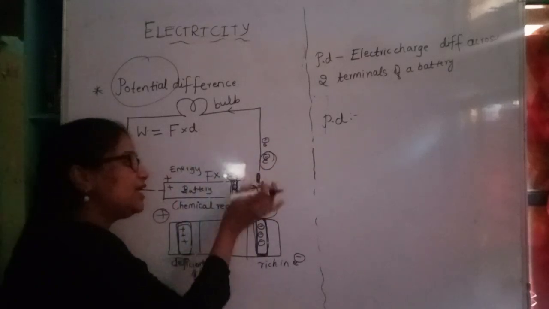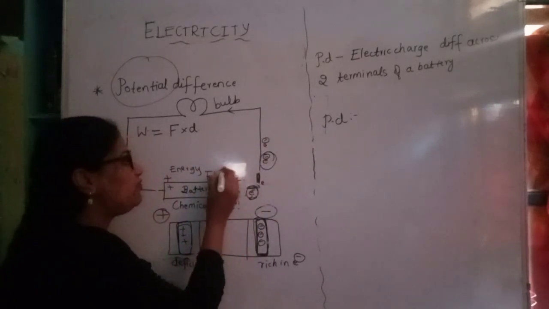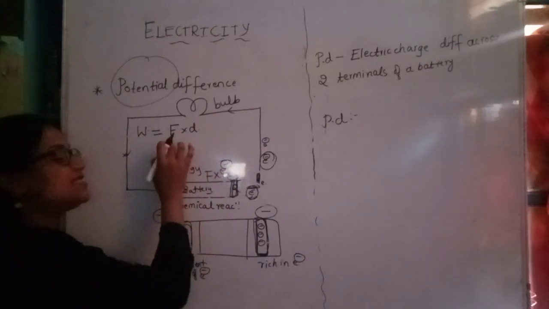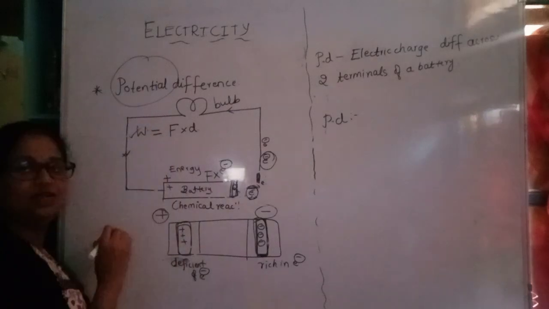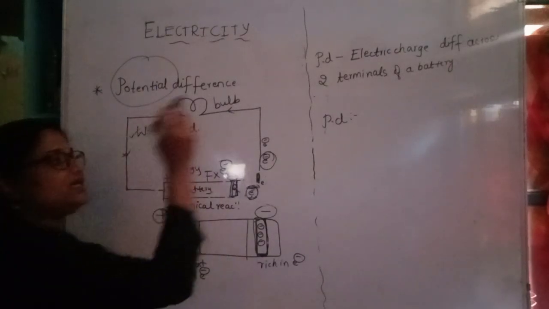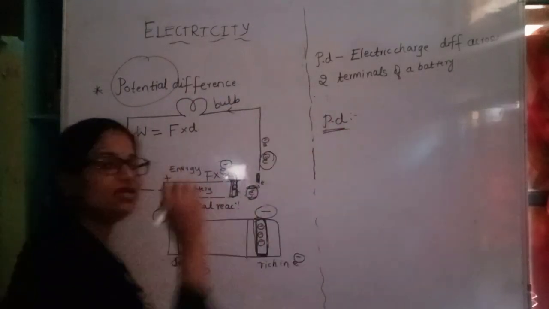This force into the displacement of the electron causes some work done. So that work done is nothing but the potential difference.